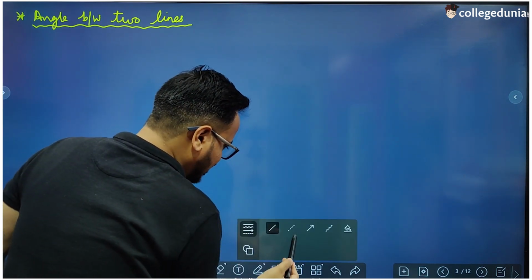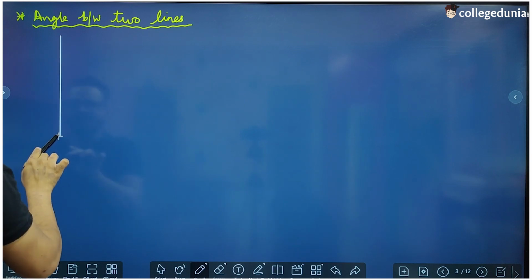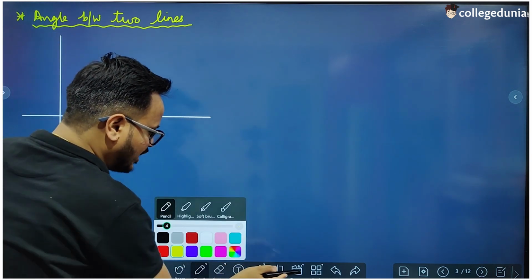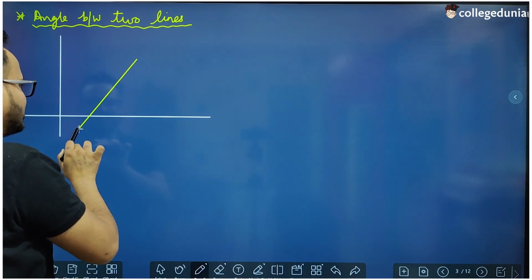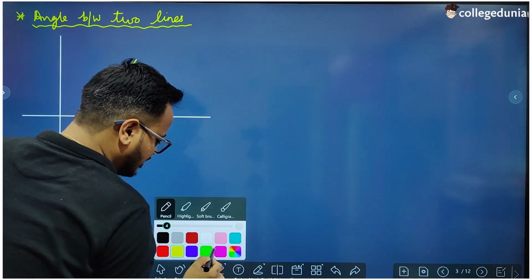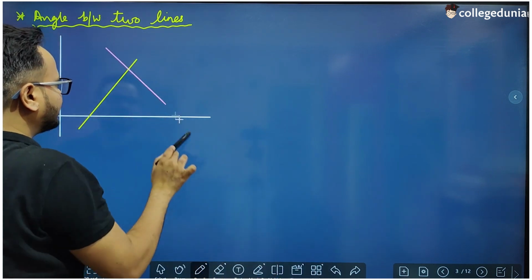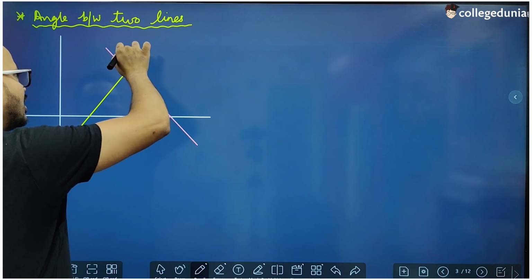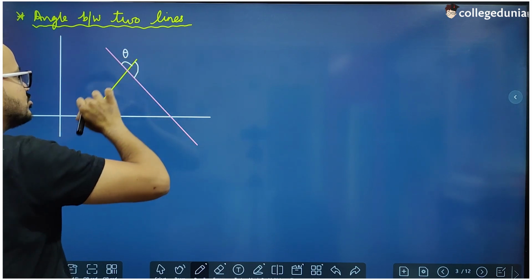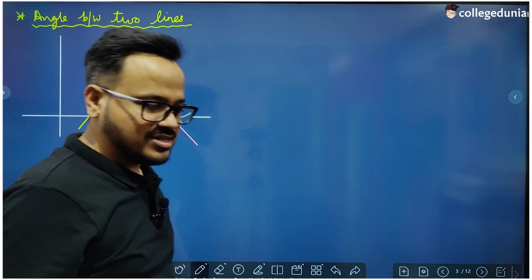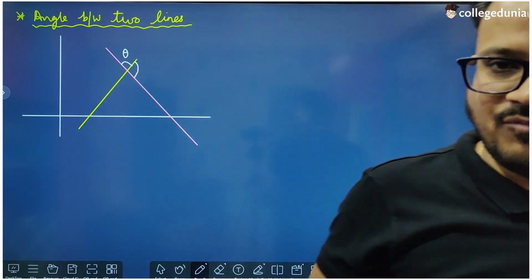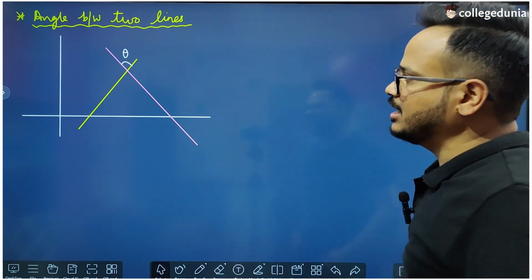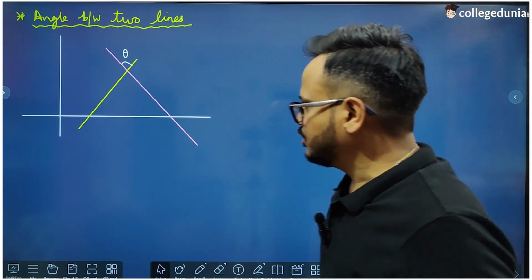So we have two lines and we know the slopes of both the lines and we have to find the angle between the lines. Suppose this is one line and this is the other line. So this is the angle between the two lines. Obviously this one is also the angle between the two lines, right? But first let us find one angle. Obviously the other angle would be 180 minus theta. So if we can find one angle, then the second angle can be calculated.